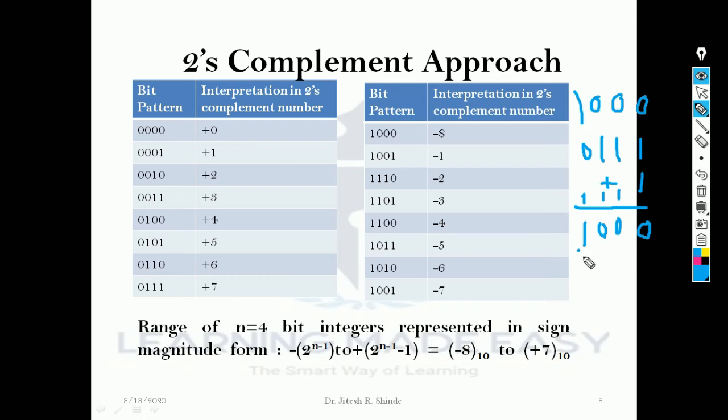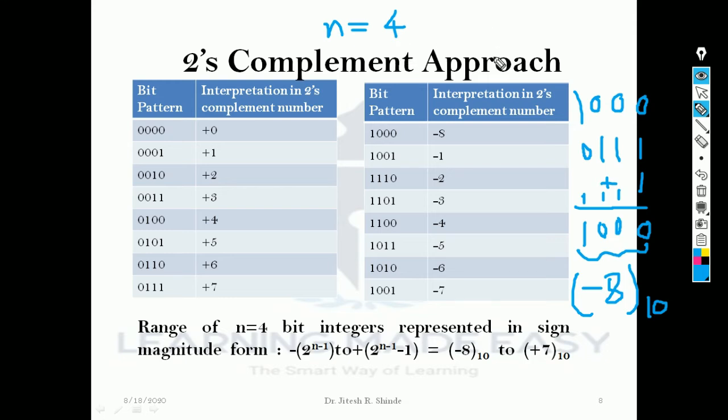This 1, 0, 0, 0 is the 2's complement of plus 8, so I can say that this 1, 0, 0, 0 is my answer for the minus 8 representation using 2's complement approach. Here it has been decided that only minus 8 will be represented if the representation scheme followed is n equal to 4.